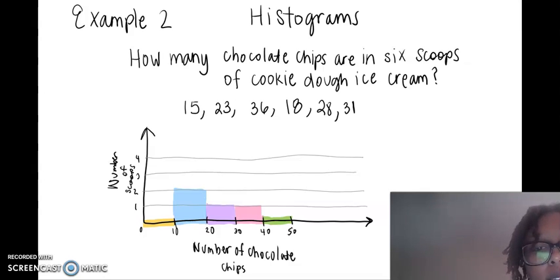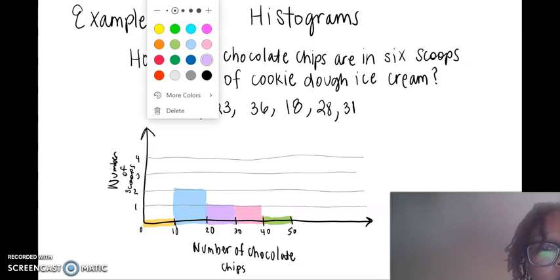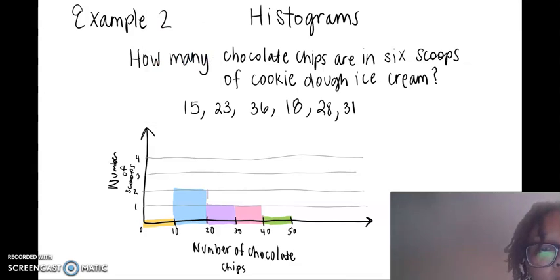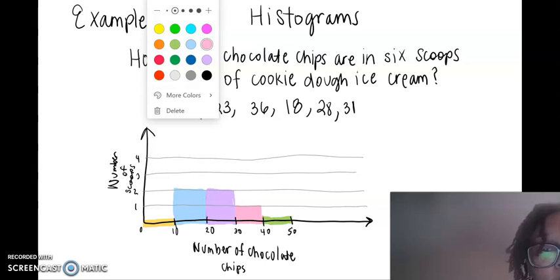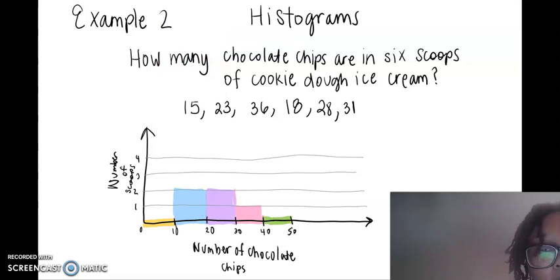And then next we have 28. 28 falls between 20 and 30, so this bin is going to increase from 1 to 2. And last but not least, we have 31. So our next bin is going to increase from 1 to 2.